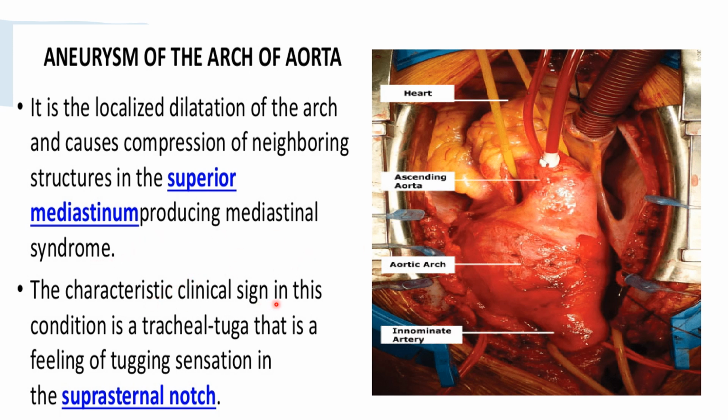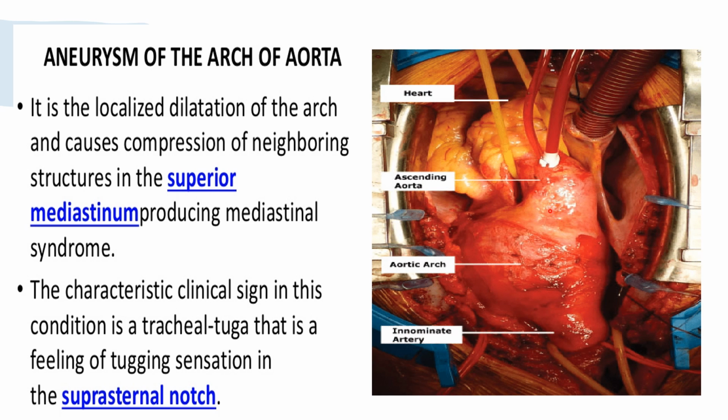The characteristic clinical sign in this condition is the tracheal tug, that is, a tugging sensation in the suprasternal notch, nothing but a pulling sensation in the suprasternal notch. So this is about the aneurysm of the arch of aorta.